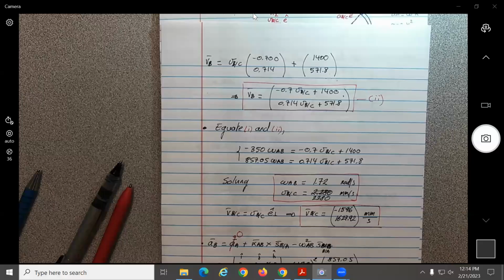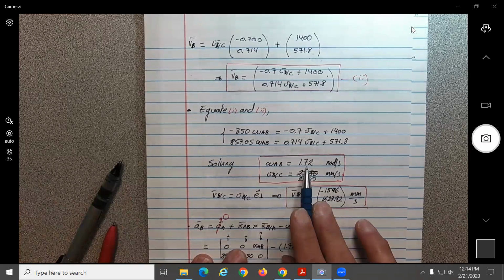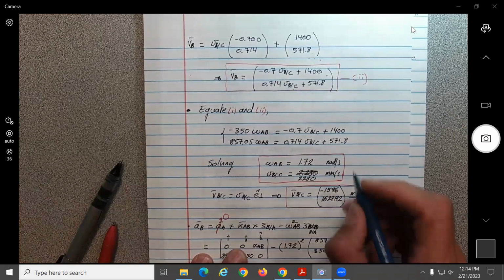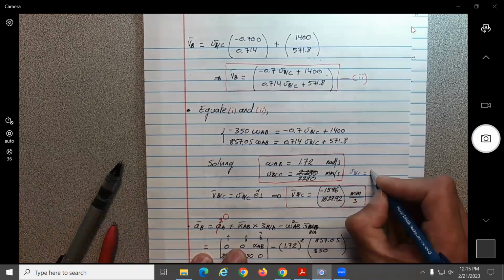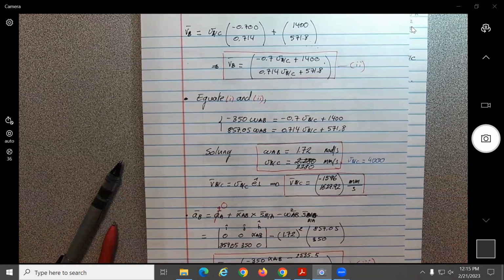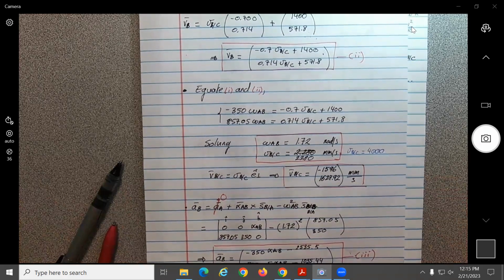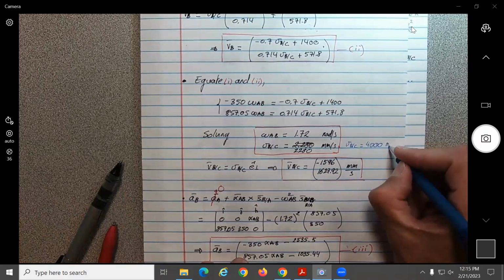Resume recording. Not going to be good. So in this case over here, what happened? But this one is still 1.72. Yeah. Okay, but velocity of B with respect to C is what? 4,000. So yours is 4 meters, this would be 4,000 millimeters per second.